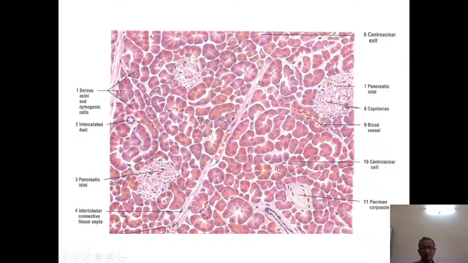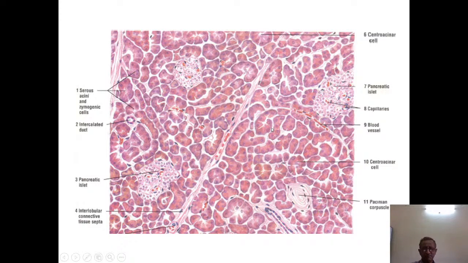And this is the histological microscopic structure of the pancreas, wherein there are normal serous acini. These are all the serous acini of the pancreas, and these are the pancreatic islets with paler cells arranged irregularly and very close to each other, whereas in the exocrine part of the pancreas the cells are arranged regularly like acini.